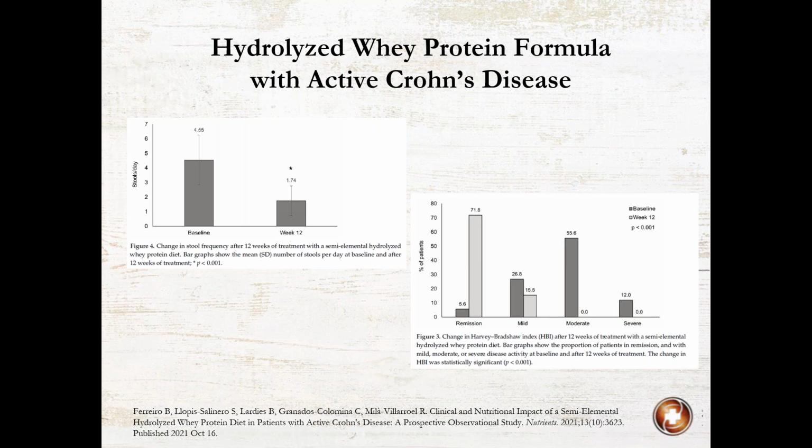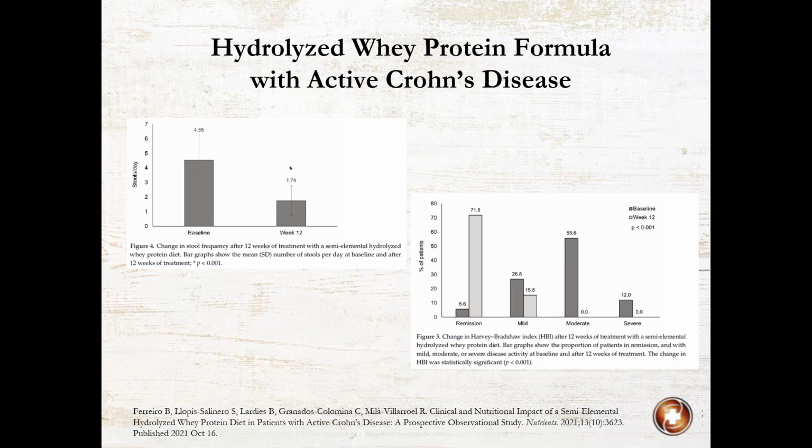On our graph on the right, we're looking at the severity of Crohn's disease. And as you can see, at baseline 94.4% of patients had mild to severe active Crohn's disease, and only 5.6% were in remission.